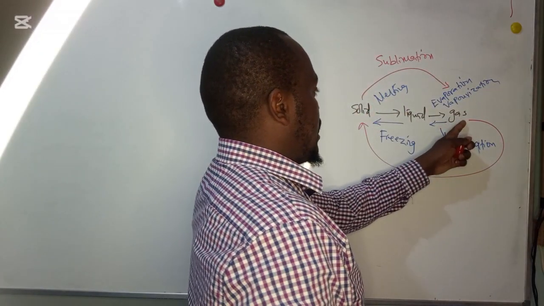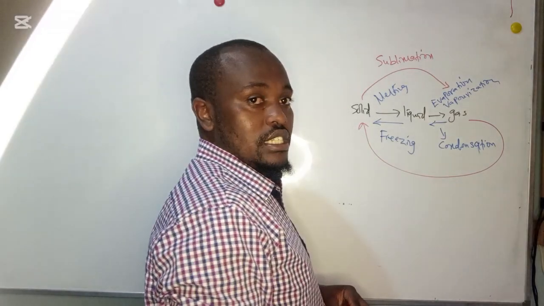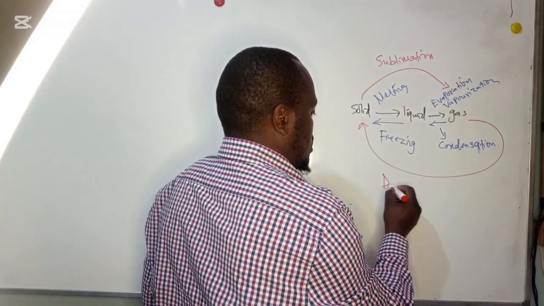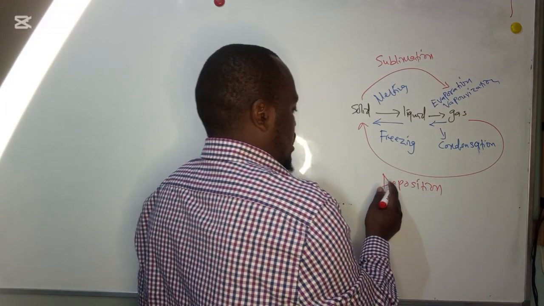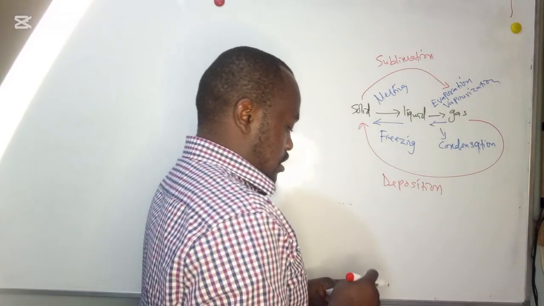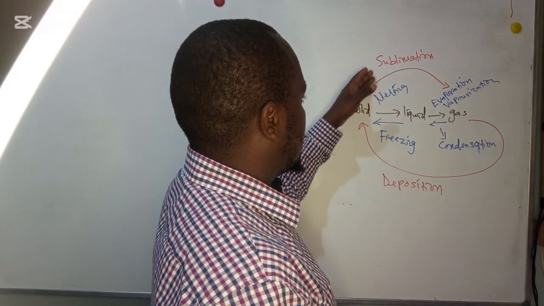That substance can become a solid directly. That process is called deposition. It is deposited from a gas to a solid. It's called deposition.